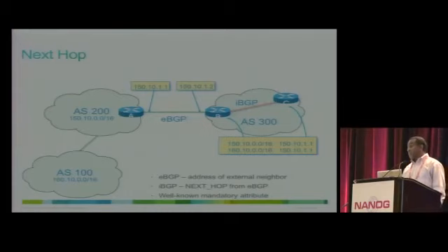But typically that's not advised, and we'll see how we avoid that later on. But by default, when a router sends updates to an iBGP peer, it doesn't change the next hop. The next hop remains the eBGP peer that advertises the route.